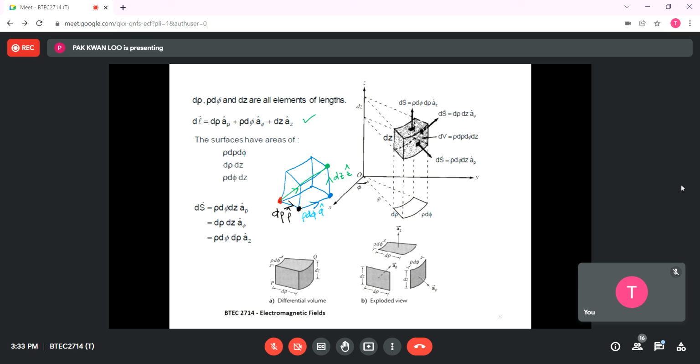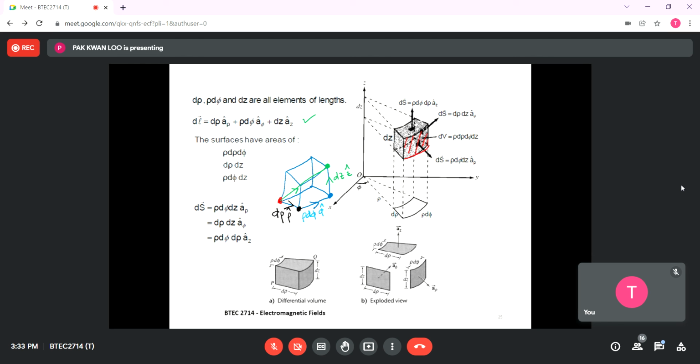And also the surfaces, as I mentioned just now. I will just take one example and the rest is the same. So let's say I'm going to take this surface area. The shaded area that I pointed out here is referring to rho d phi.